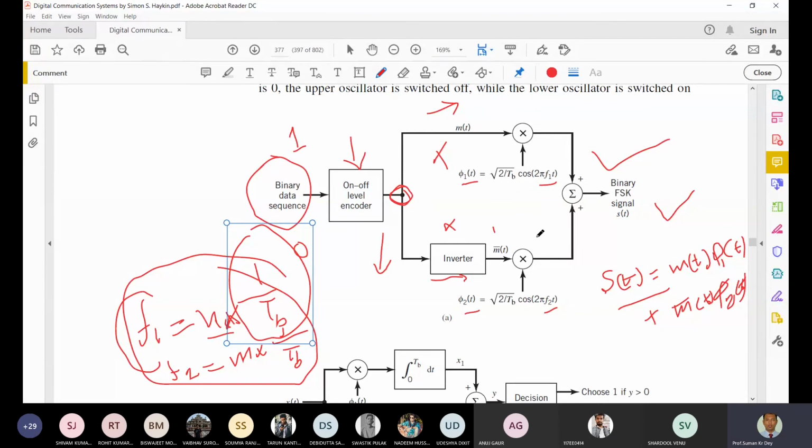Now there is one oscillator which is called the voltage controlled oscillator.